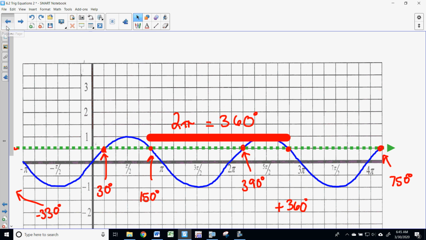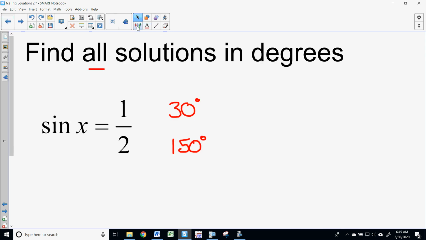So how we're going to do this is we are first going to find our two solutions on our unit circle. So this is building off exactly what we did last time. But then what we're going to add is plus or minus 360n.